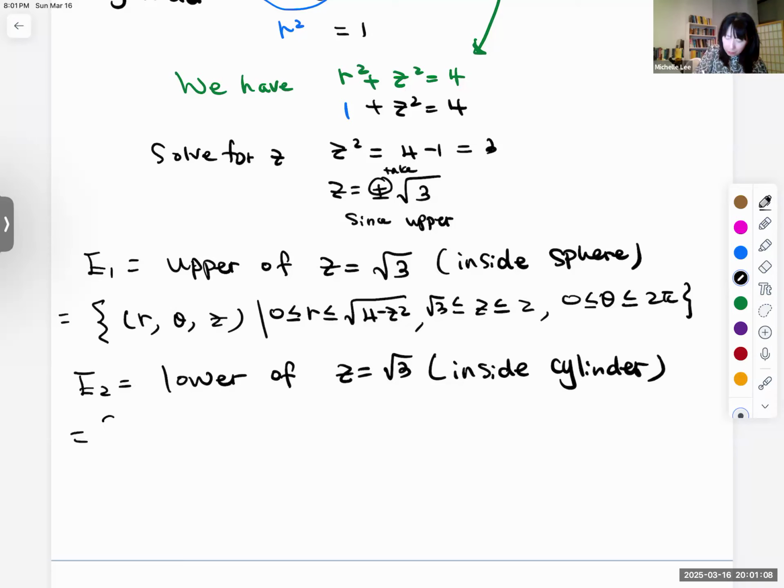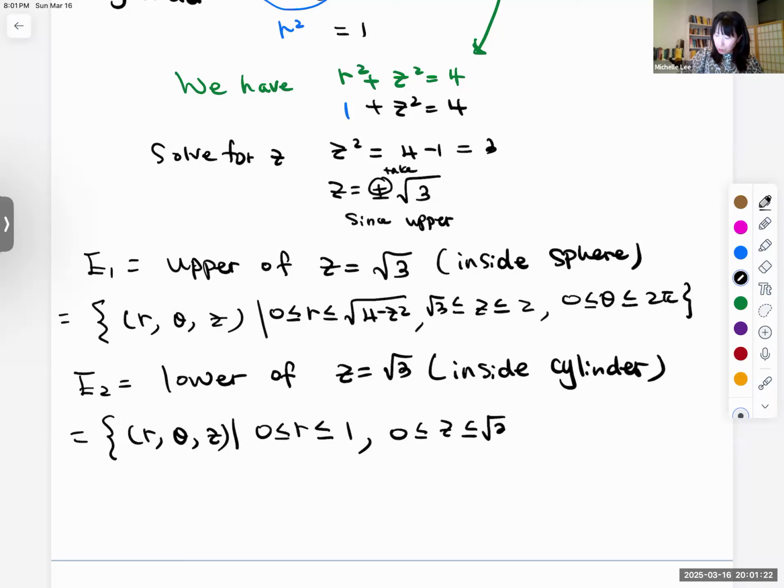So we have r, theta, z such that r is between 0 and 1, inside the cylinder with radius equal to 1, z from 0 to square root of 3, and theta is between 0 and 2 pi, right?